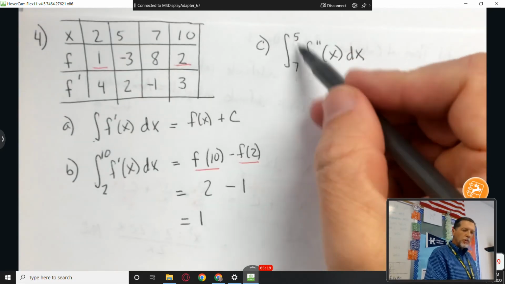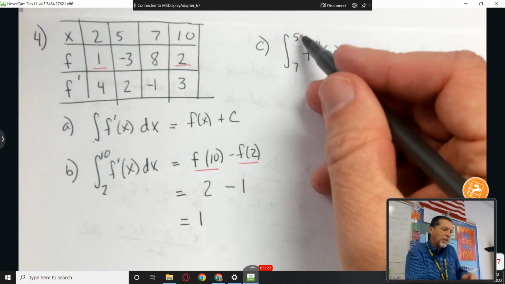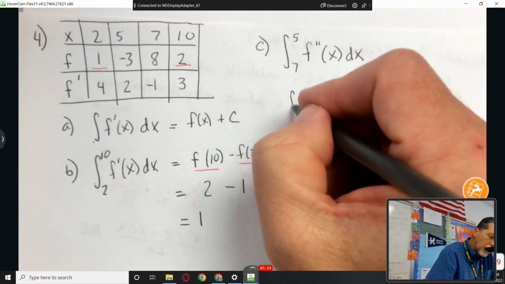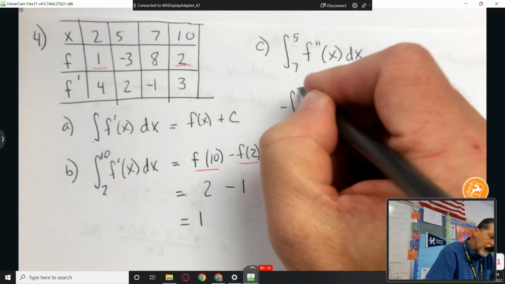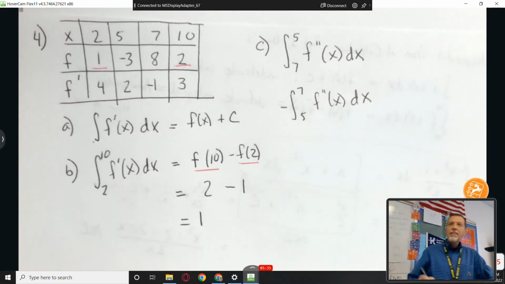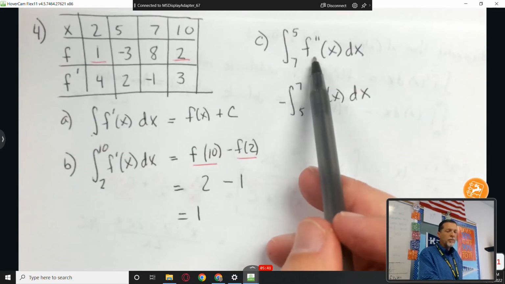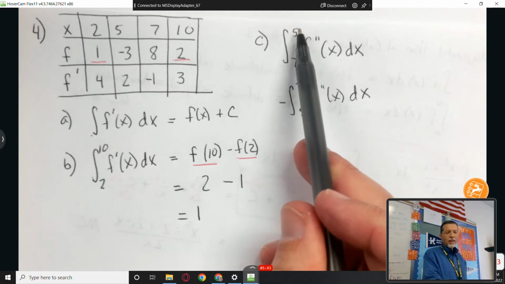Do you remember there's a way to fix the 7 to 5 thing if you don't like that? Negative 5 to 7. You can switch them. If that feels out of order, and it should feel out of order, you can switch them and make it negative 5 to 7. Now, the good news is if it doesn't bother you, you can still work this problem, and you're just going to do the top minus the bottom.